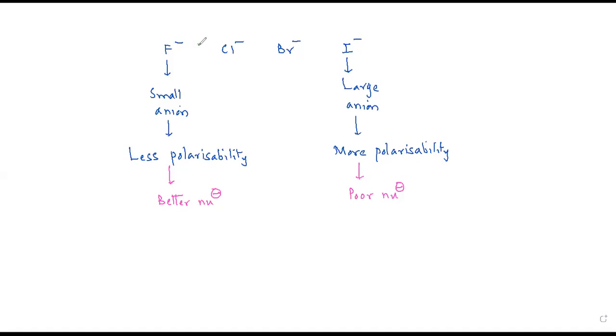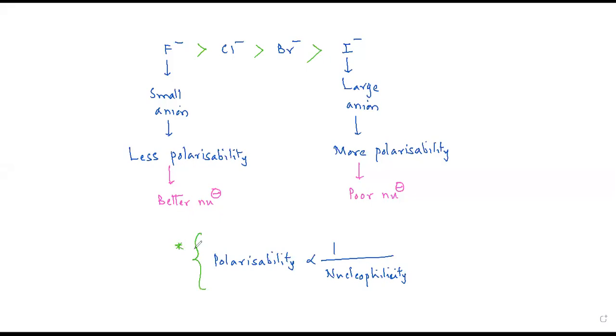Okay. Now it can be given as this. So in general, polarizability is inversely proportional to nucleophilicity. More polarizable, less nucleophilic, and vice versa. This is very important.